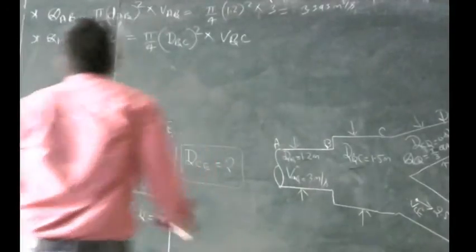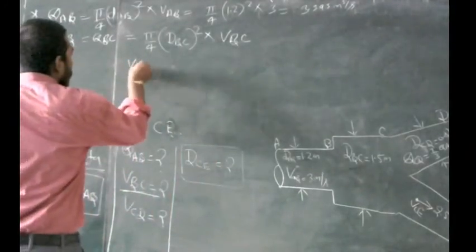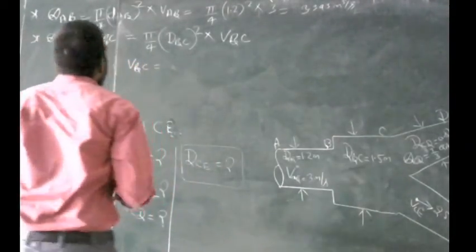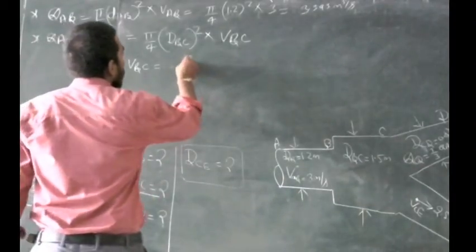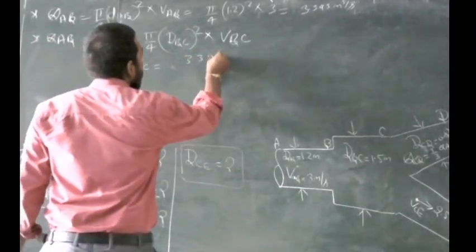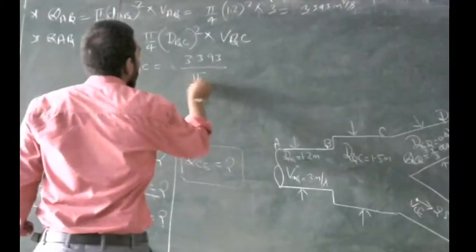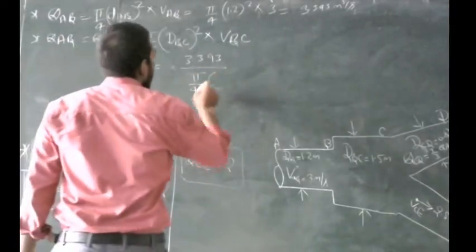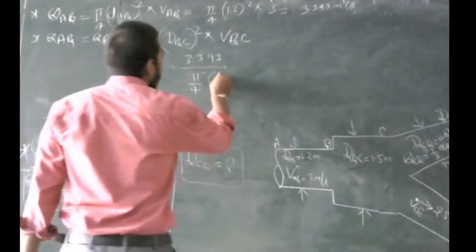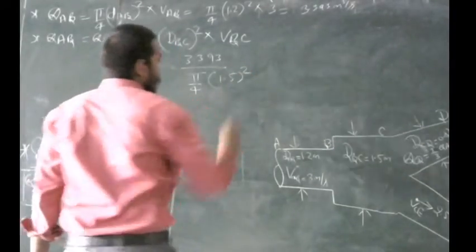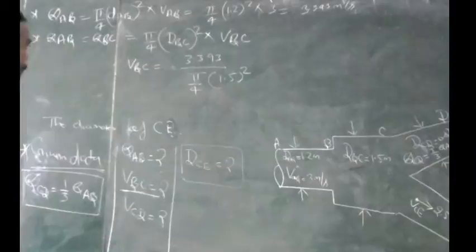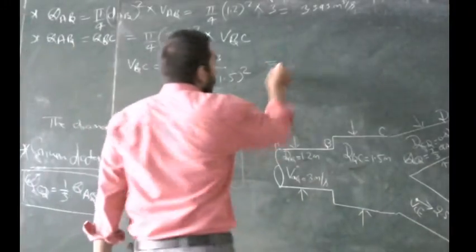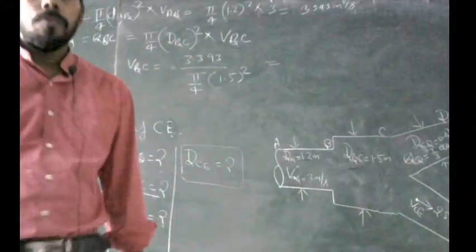So velocity of BC equal to 3.393 upon pi by 4 into 1.5 square. Is clear? We can find the QBC.